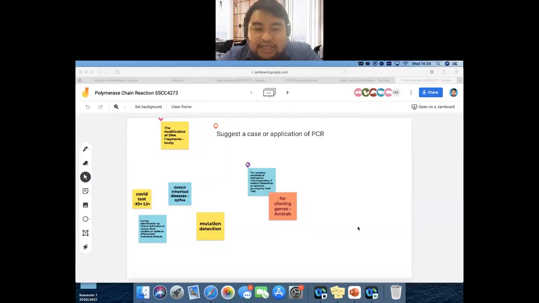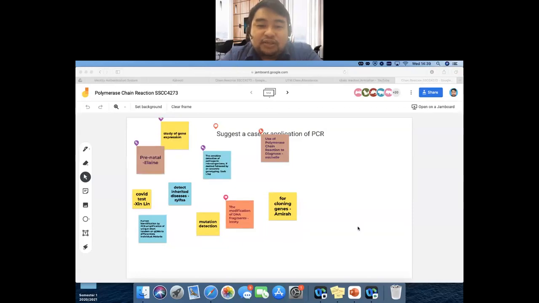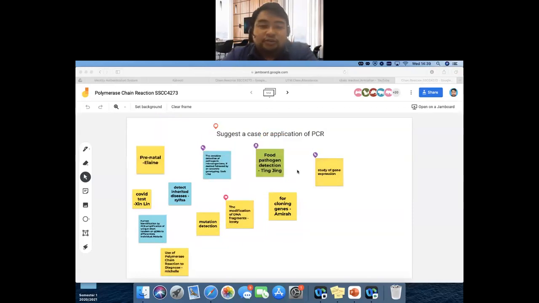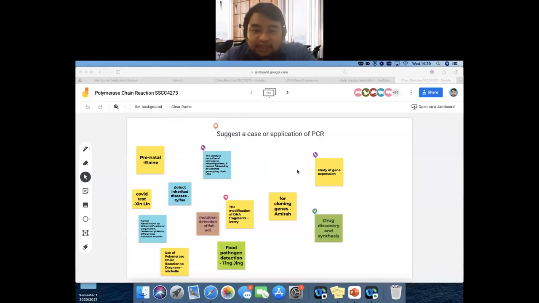For cloning genes. Yes. So we can also do gene cloning. Polymerase chain reaction to diagnose. Food pathogen detection. Yes. Good. So it also can be used not just for humans, but also for pathogens, for bacteria. All right, drug discovery and synthesis. Yes.